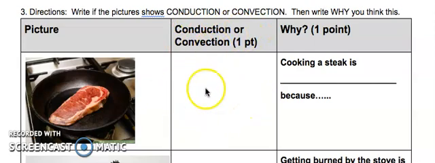Write the word in the blank. And then you have to tell us why. So you're going to say cooking a steak is conduction because, or cooking a steak is convection because, and you explain to us why. Make sure you're using your science vocabulary. Okay? Press pause, press play when you're ready to go on.